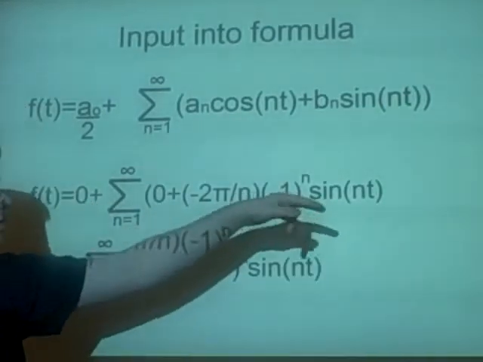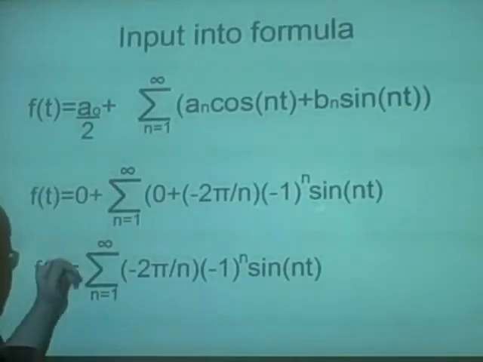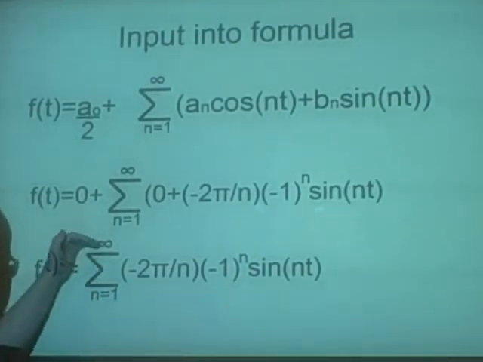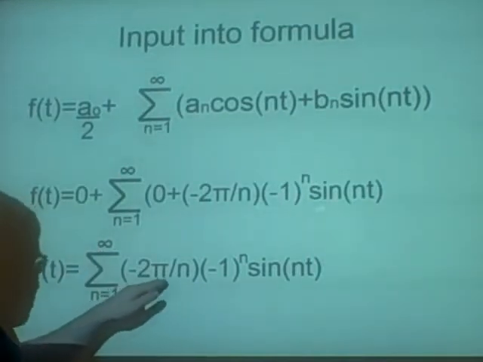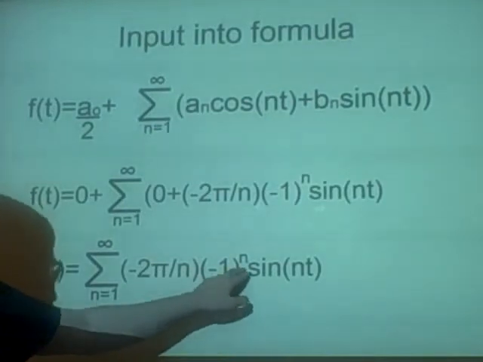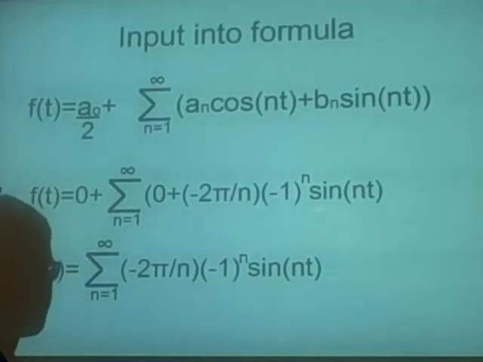There should be another bracket at the end there. And then go down a bit more, get rid of all these zeros, and you'll end up with your Fourier series: f of t is the sum from n is 1 to infinity of minus 2 pi over n times minus 1 to the n sine nt, and that's how you solve a simple Fourier series.